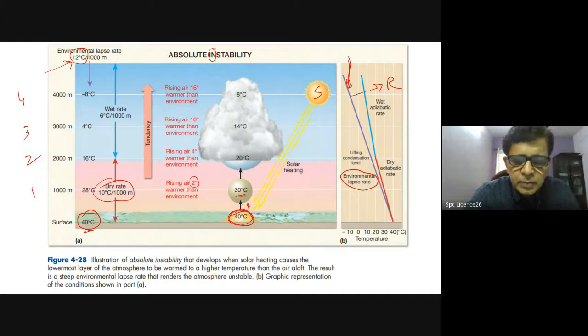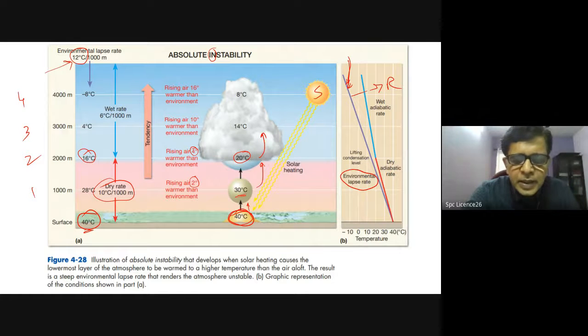Because it is warmer, it will be light. Because it is light, it will make an attempt to move up. As it moves up, it will further decrease in temperature from 30 to 20, but the surrounding temperature is 16. The rising air is higher by 4 degrees centigrade, and because of that, it will still tend to move higher.